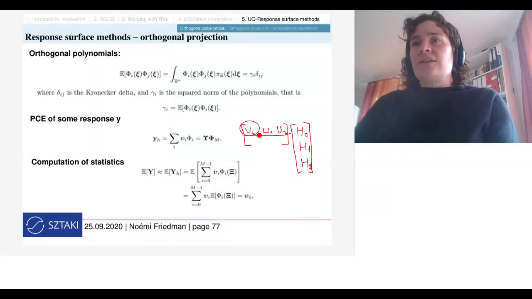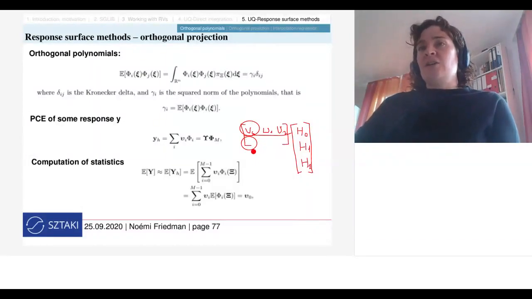So this that I multiply with the 0-degree polynomial will give me directly the mean value of the position. And this, what I will have here, will give me directly the mean value of the velocity. So this column of the coefficients will correspond to the mean values.